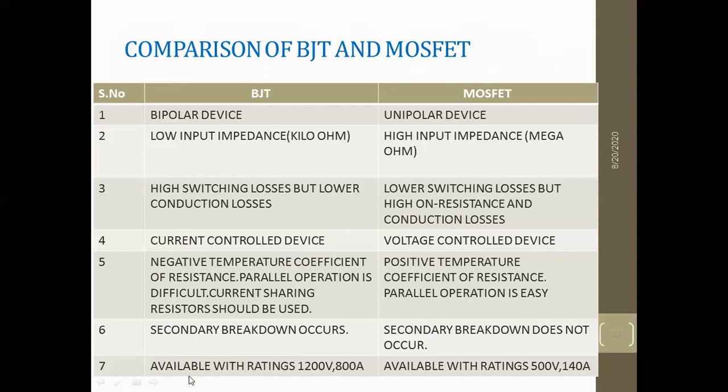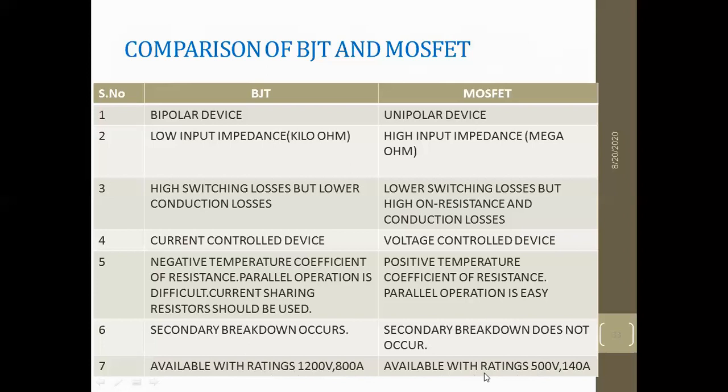But if you consider the available ratings of the BJTs and the MOSFETs, the BJT is available with 1200 volts and 800 amperes capacity. But the MOSFETs are available with ratings of 500 volts and 140 amperes. Why so much difference between these ratings?